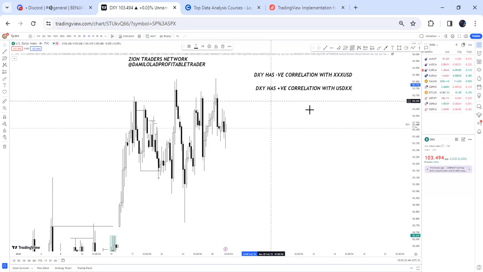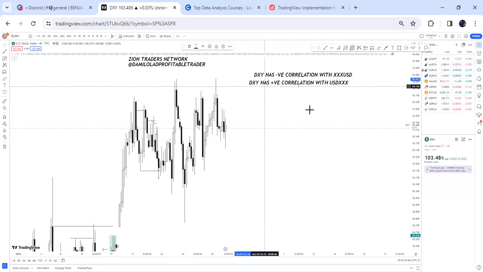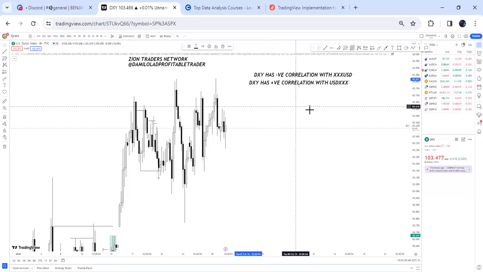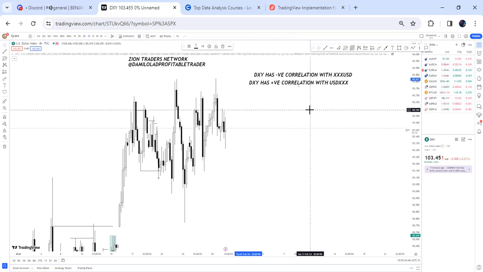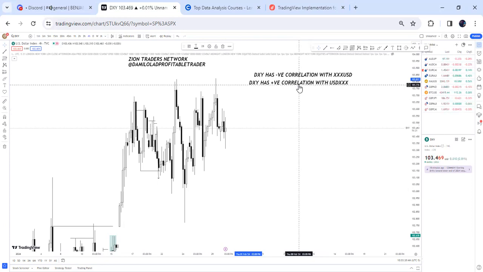We really don't want to get into how it works, but you just need to have this information. So if the DXY is bullish, the USDXXX pairs also would be bullish. If the DXY is bearish for the XXXUSD pairs, the DXY is going to be negatively correlated. So if the DXY is bullish, EU is going to be bearish. Okay, so that is the correlation you want to know about.